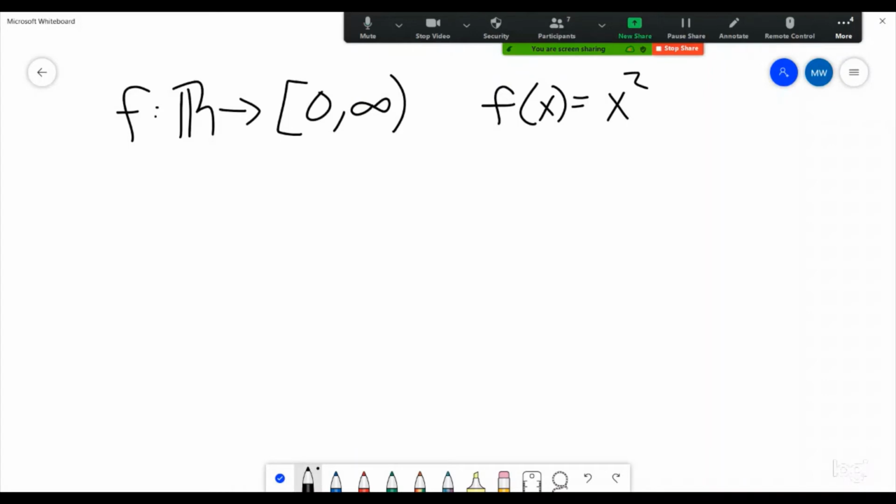So there is a function, which is going to be a relation, because all functions are relations. So let's look to see what is f inverse. F inverse is going to be a relation from 0 to infinity to the real numbers. And now we have to figure out what are the elements in this relation.